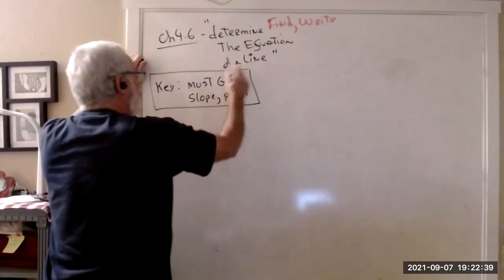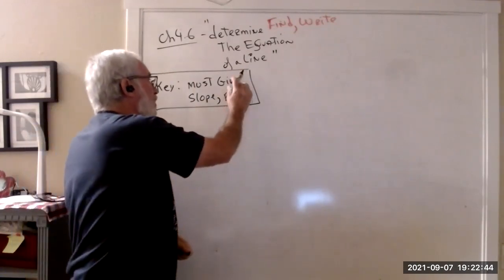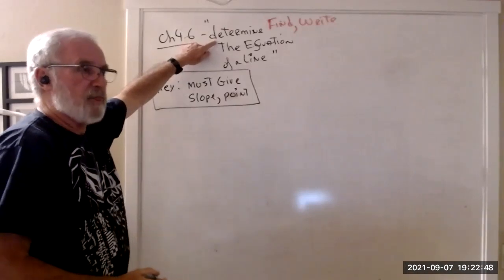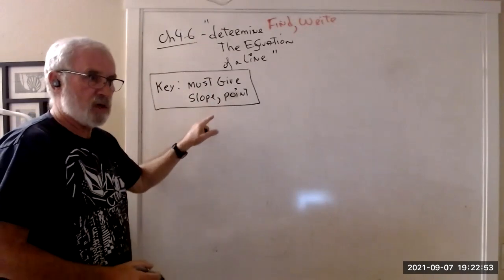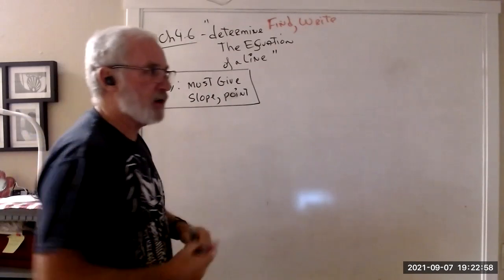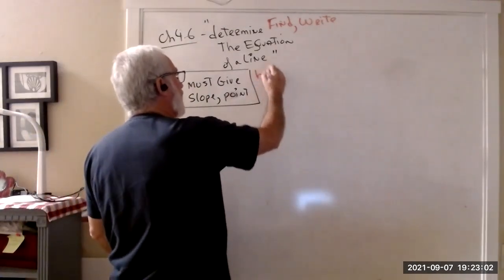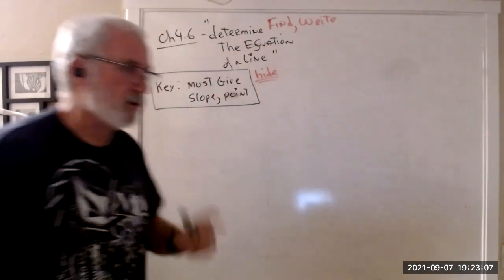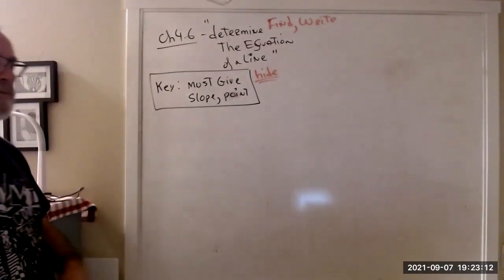That's critical that you understand. If I ask this question, determine the equation of the line, then I have to give you this information. However, I and every other math instructor in the world reserve the right to hide some of this information from you. It has to be there, but it also might be hidden.